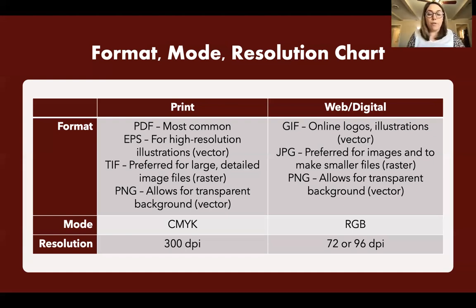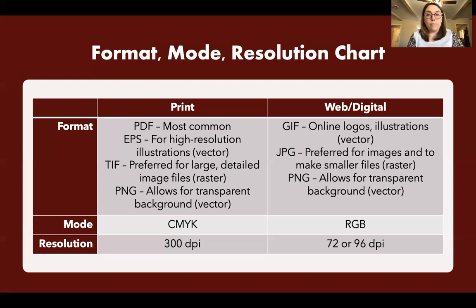But if you want it to be transparent in any way, you need to make it a PNG file, a PNG, if you will. Okay, so those are all of the print files that I want you to use. And then the mode for that, your color mode, we're going to do CMYK. And because we're printing, we want the highest variant of colors that it'll allow us, and also the best resolution.